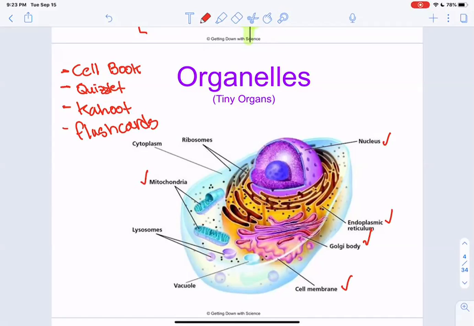You need to be able to understand what happens when the ribosomes don't work, and how the Golgi apparatus works in relation to the endoplasmic reticulum. So you're going to start comparing and contrasting and seeing what happens when something doesn't work. It's going beyond just understanding the definitions of these words. It's going deeper than that now.